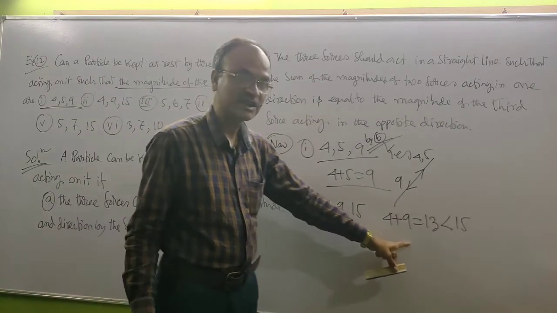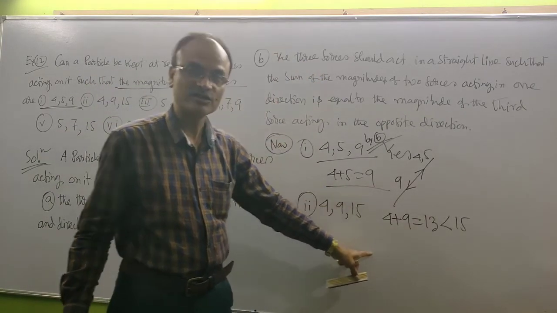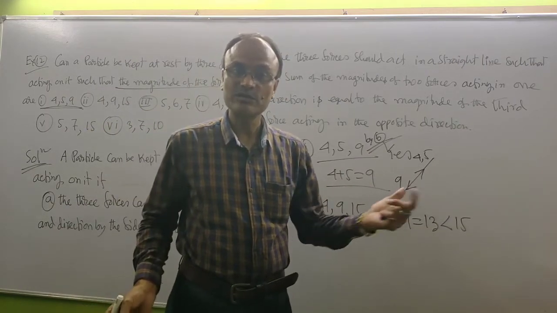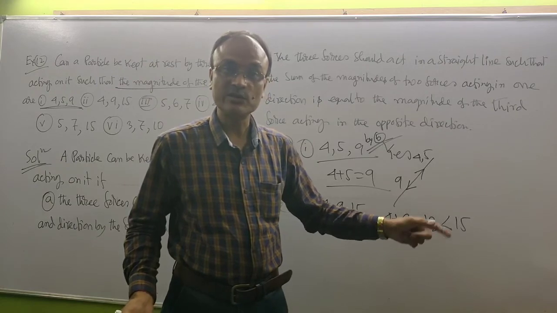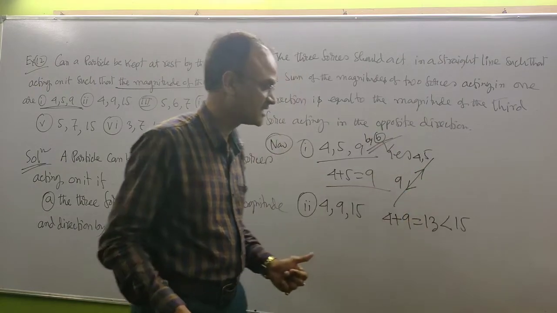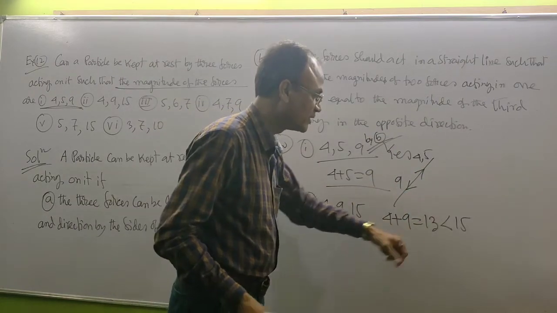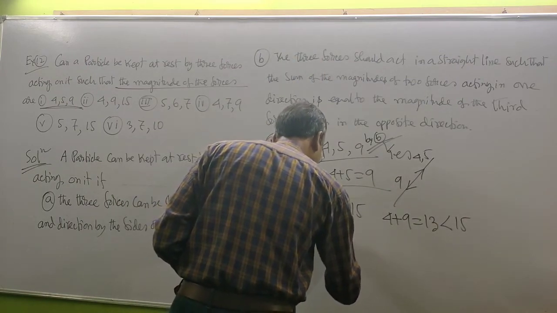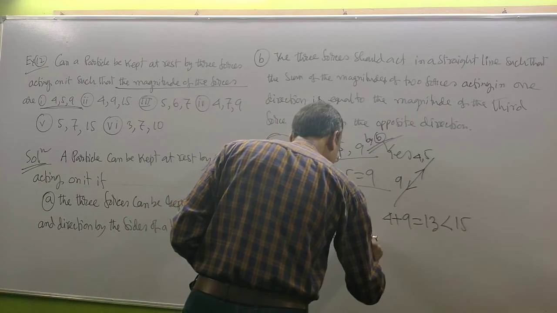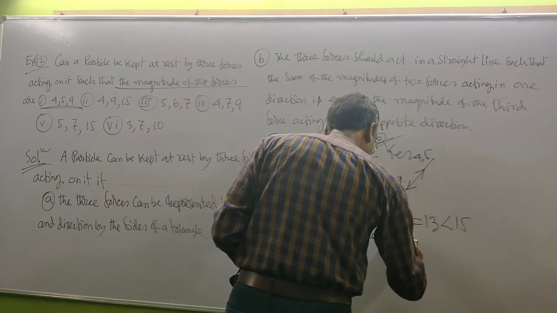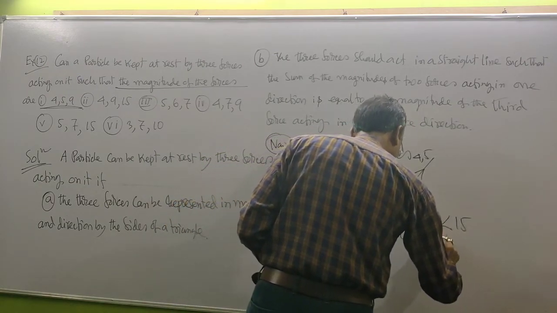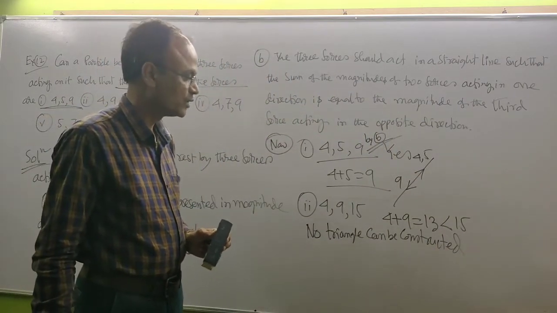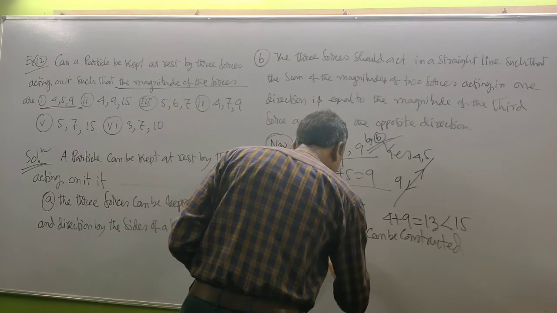Also, no triangle can be constructed, because in a triangle the sum of any two sides is greater than the third side. No triangle can be constructed. Therefore, here the answer is no.